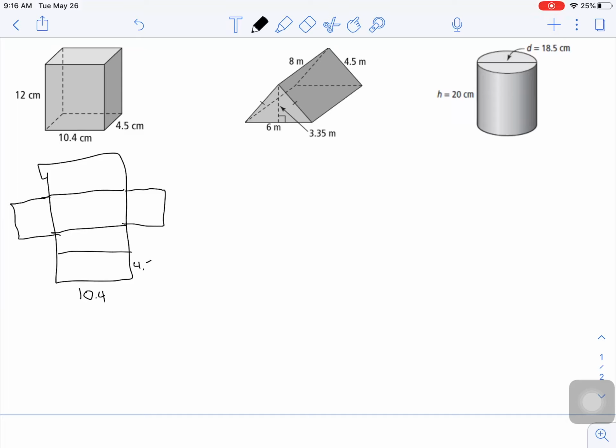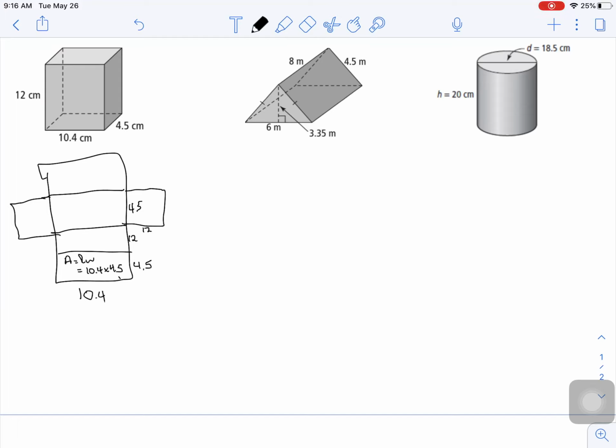This is 4.5. 4.5. And this is 12 there. What we could actually do is say, well, what would the area of this be? Area is just equal to length times width, which equals 10.4 times 4.5, which is equal to, calculator out, 10.4 times 4.5.